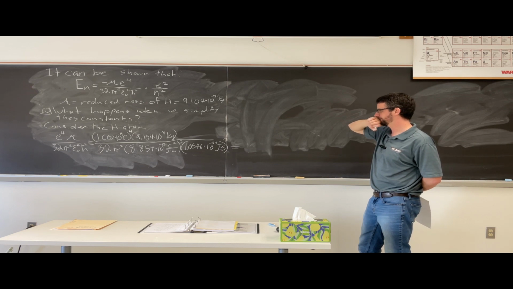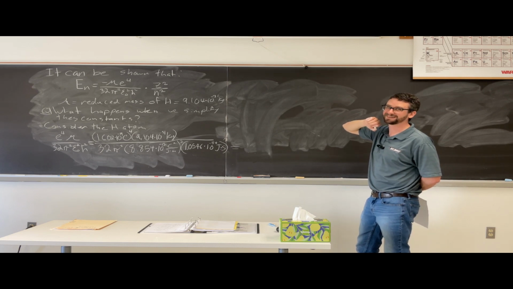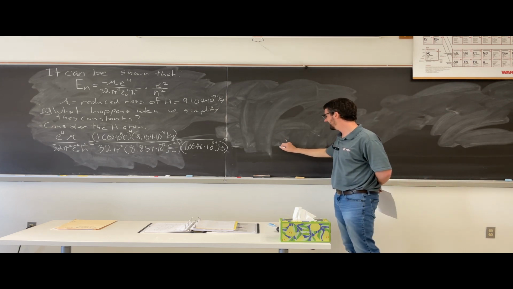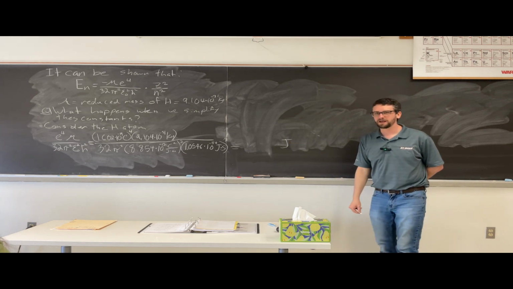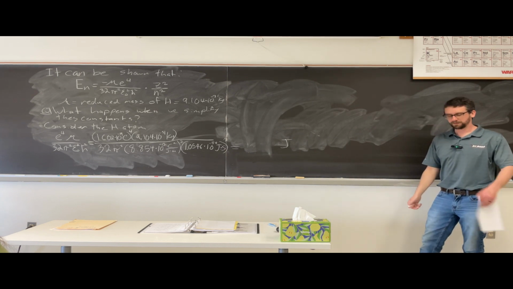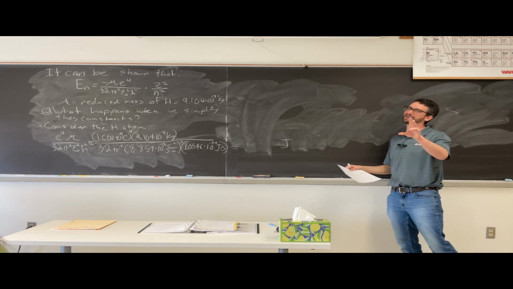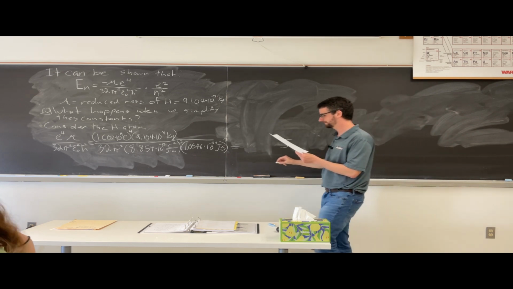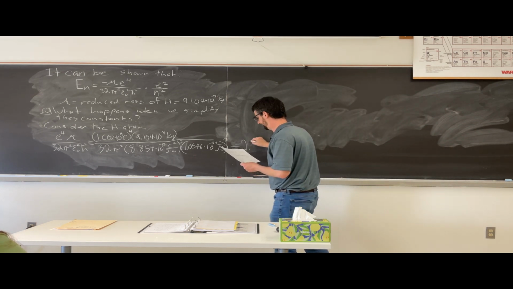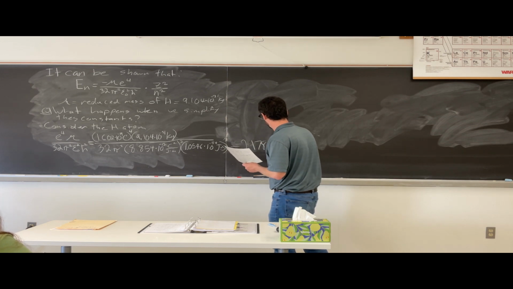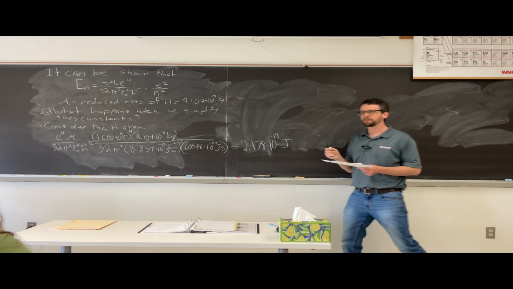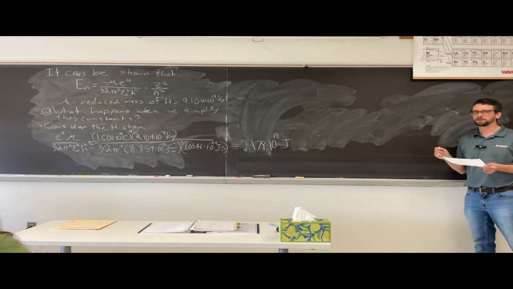It's a joule. Now, if you look at it, you have to do some manipulation, but it ends up working out to be a joule. You get that as a value.